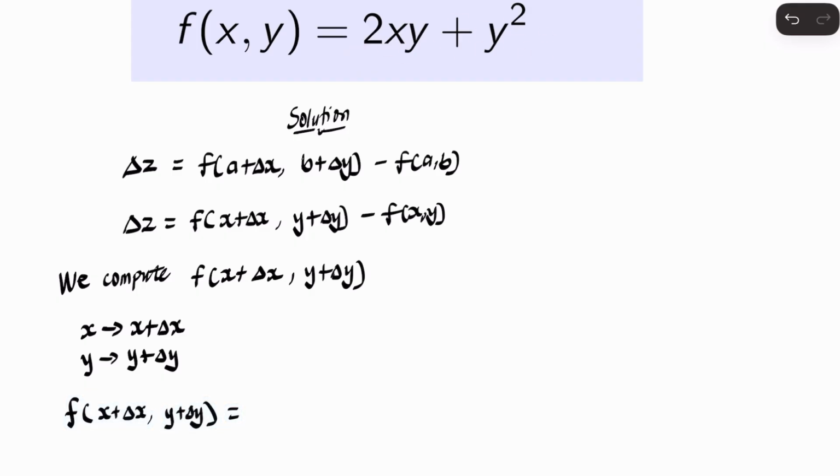That's f of (x plus delta x, y plus delta y). We take f of (x, y), but now x is x plus delta x and y is y plus delta y. And so this function gives us 2 times (x plus delta x) times (y plus delta y), plus (y plus delta y) all squared.